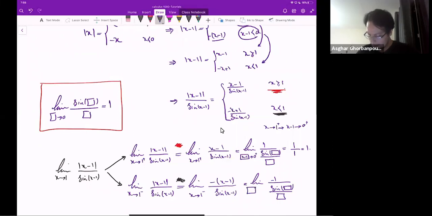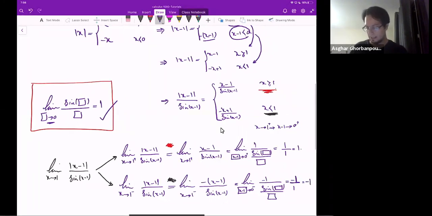What is the box here? Again, x minus 1. This time, it goes to 0 from the negative side. And this is always true, the limit of sine of box over box is 1. So the left limit will be negative 1 over 1, and that is equal to negative 1.